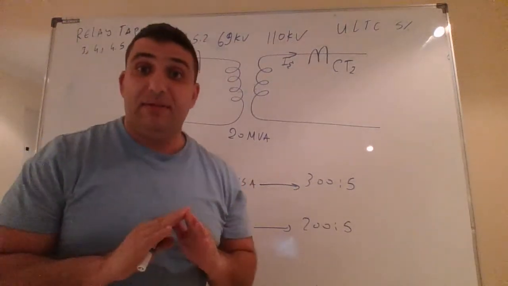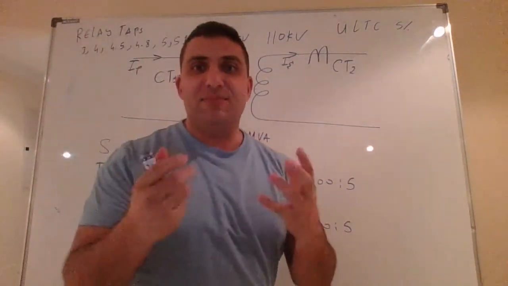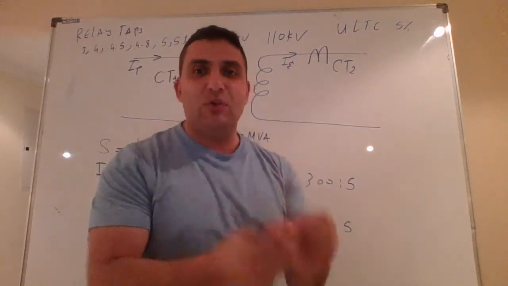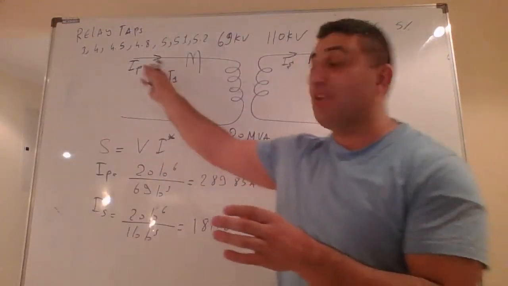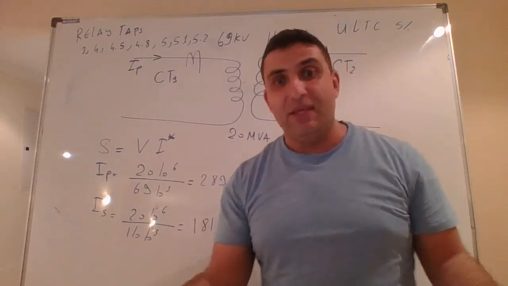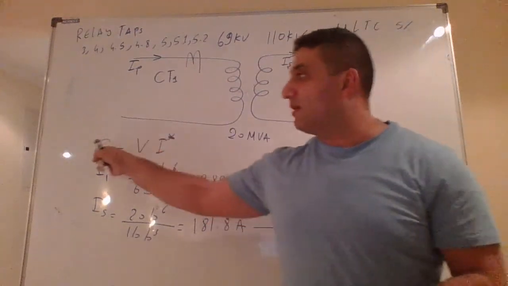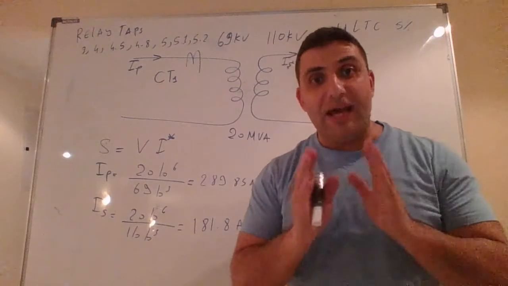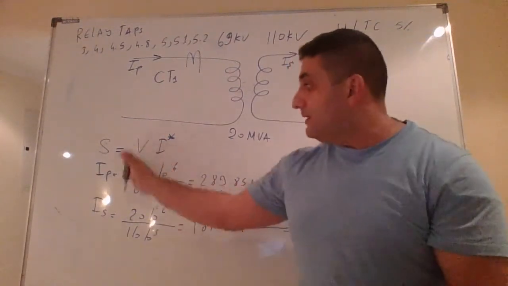To go one more time. Number 1, to determine the CT specification, I need to determine the CT ratio. The most important element is the primary current and the secondary current, the current that goes into the CT. How do I determine this? By using the power equations. The complex power is equal to V I conjugate. Because it is single phase, I'm interested in the magnitude.